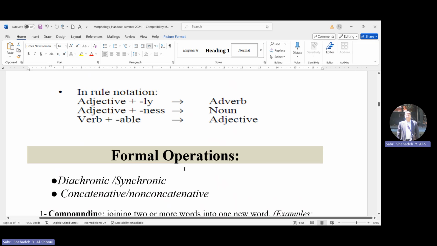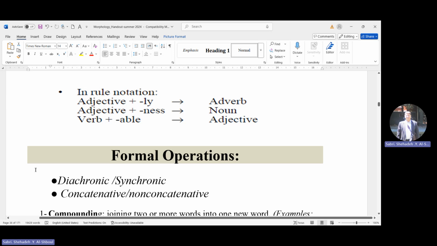Okay. So the rule here in notation is that adjective plus -ly becomes adverb, adjective plus -ness becomes noun, and verb plus -able becomes adjective. Okay. So here we notice that it is a kind of traditional view.